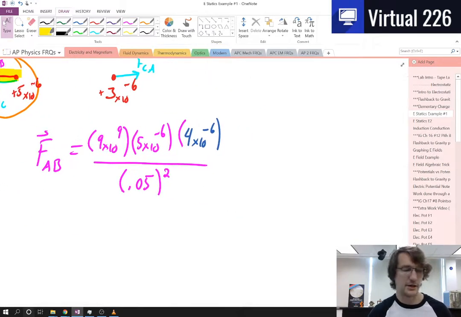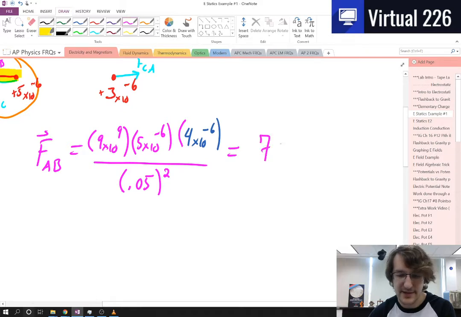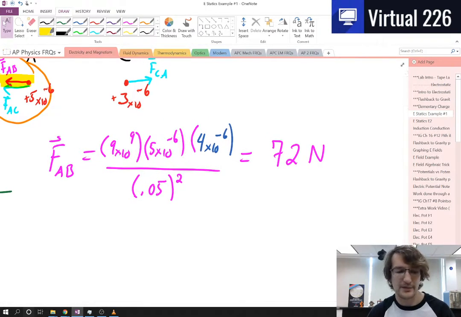Now we take our trusty calculator that we've had since the year 2007, and we work that out, and we find that this is approximately 72 newtons, okay? It's positive simply because I've ignored the negative, but recognizing from my diagram, we drew this such that this force here is acting to the left. That was the direction of our force vector.